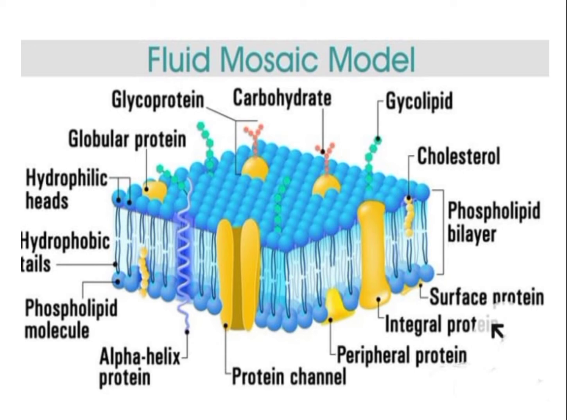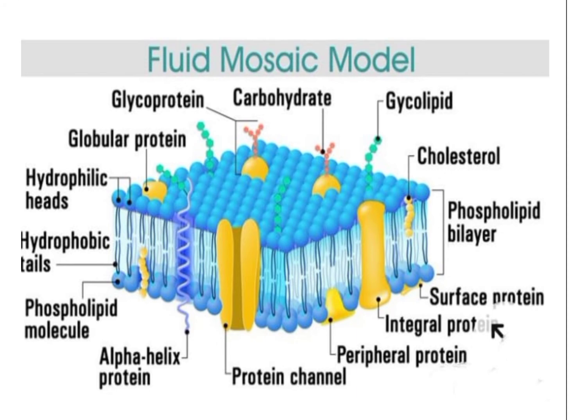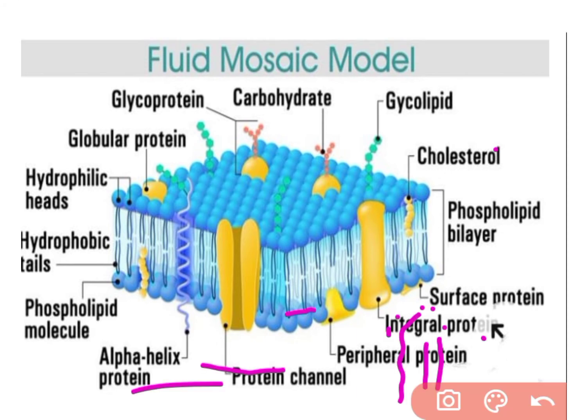Here, this is lipid and a polar head, and this is the polar head, and this is the lipid bilayer. You can see this protein is a glycoprotein, with carbohydrate present there.